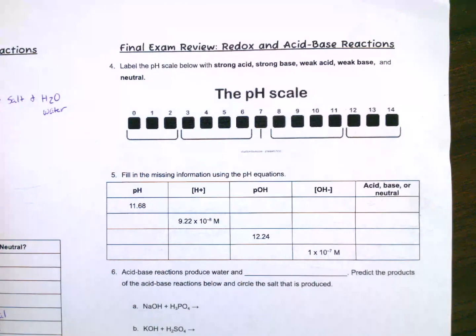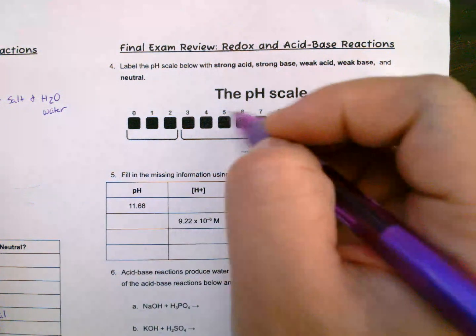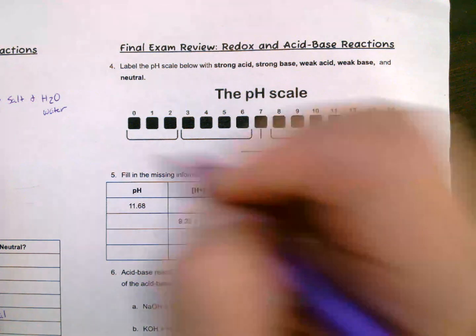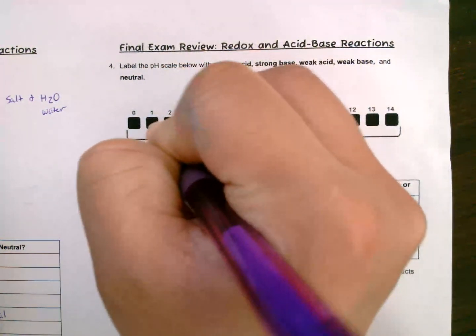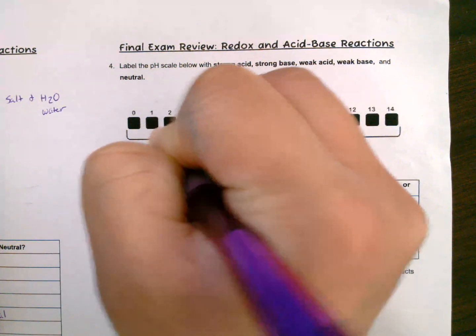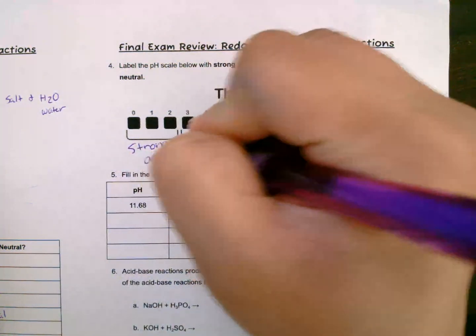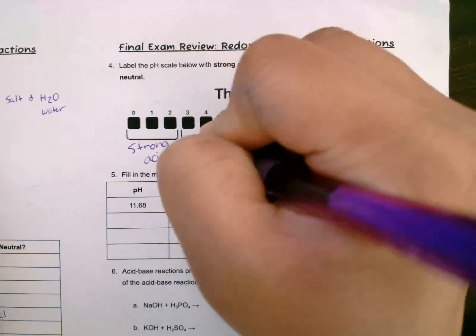All right, moving on. Label the pH scale below with strong acid, strong base, weak acid, weak base, and neutral. Over here, we have our acids. They're less than 7. At the far end, we have our strong acids. And then we have our weak acids.